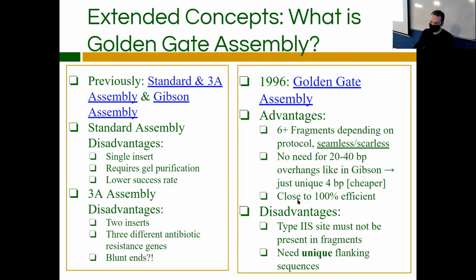So why is it close to 100% efficient? This is because when you're cutting the parts, and like I said, when you cut them within the part itself, there is no restriction site. When the part is fully ligated together, the restriction enzymes already present in the solution can't cut it again. It can't go in reverse.